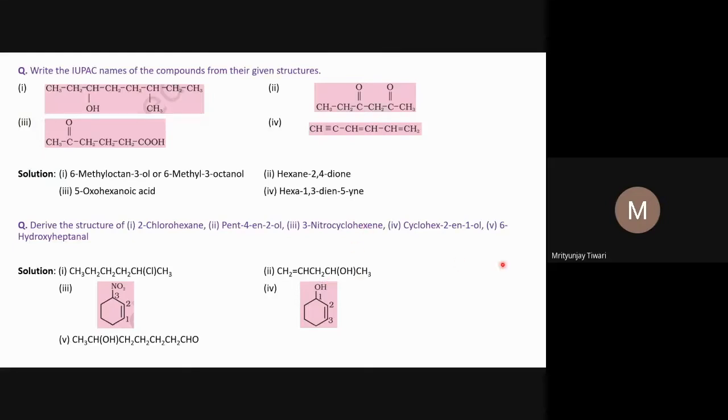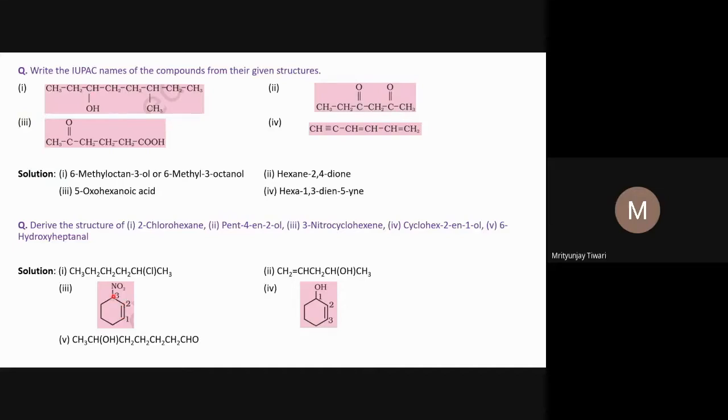So cyclohexene, this is what it is given. Under 3-nitro, nitro group is at the third position, and so it means numbering will start from the carbon which contains the double bond, and so it is cyclohexene. So we'll make cyclohexane. We'll put a double bond somewhere, as you can see here. It is being put here.